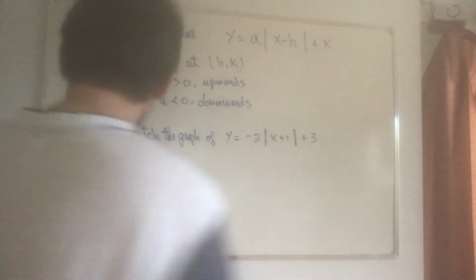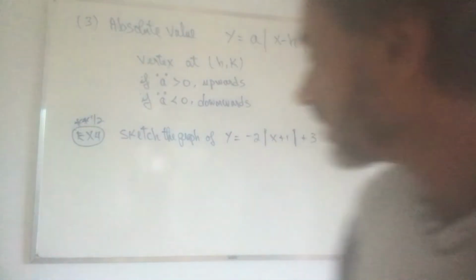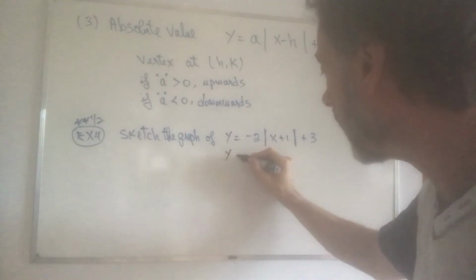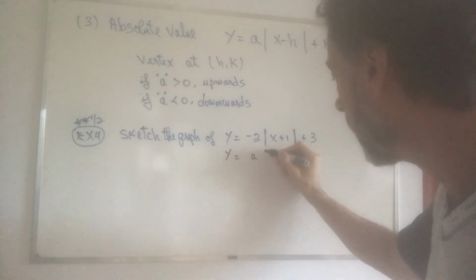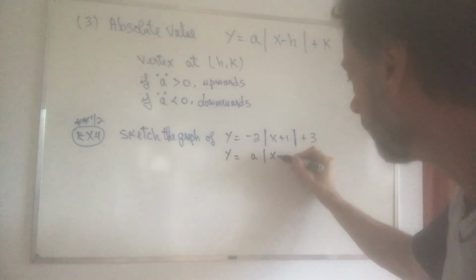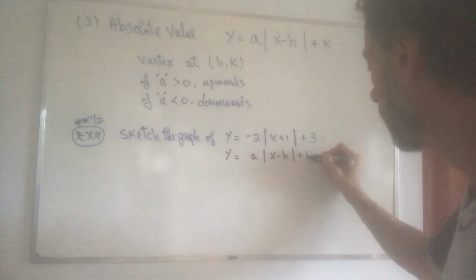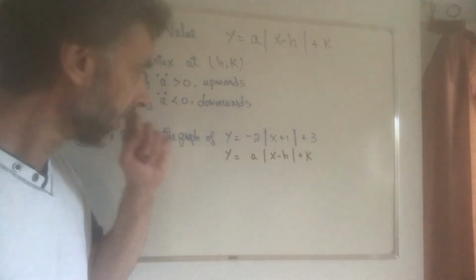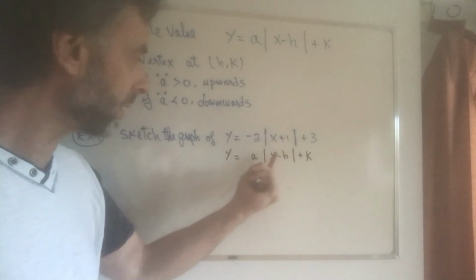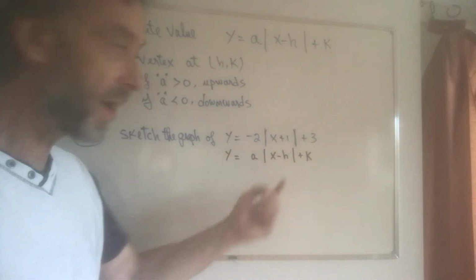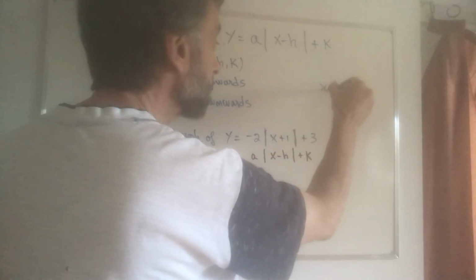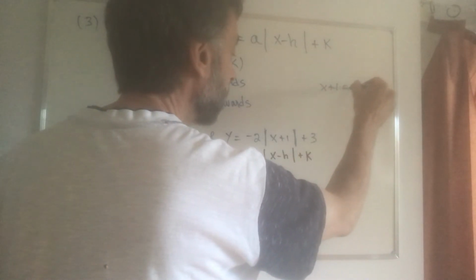So, comparing this to y equals a, absolute value, x minus h plus k. What do I conclude in terms of my hk? All right, x plus 1 compares to x minus h, right?